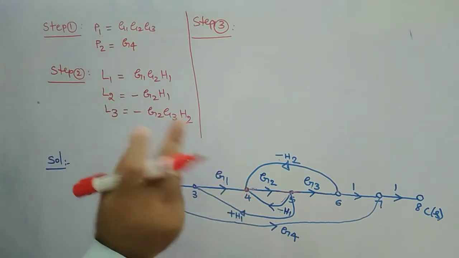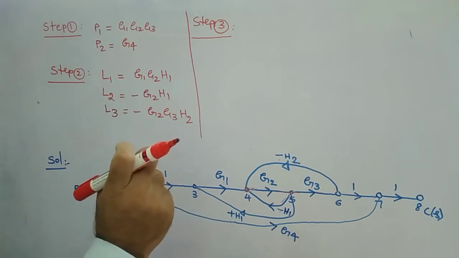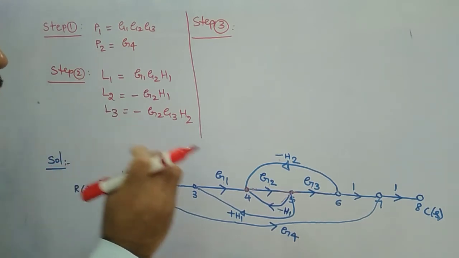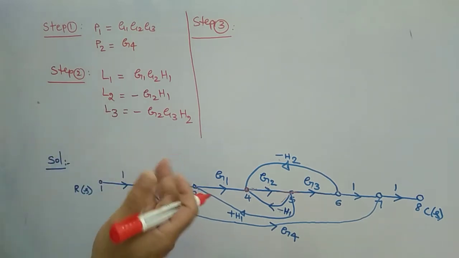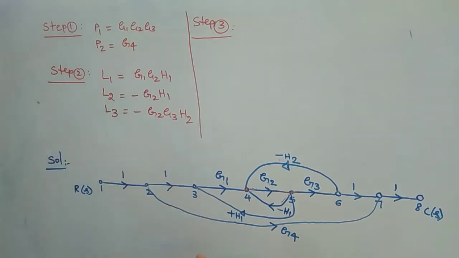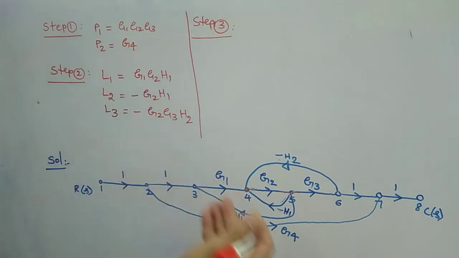I mean, are 2 non-touching loops and 3 non-touching loops available in the signal flow graph? Is there any possibility of 2 non-touching loops, 3 non-touching loops, 4 non-touching loops, 5 non-touching loops and so on and so forth?